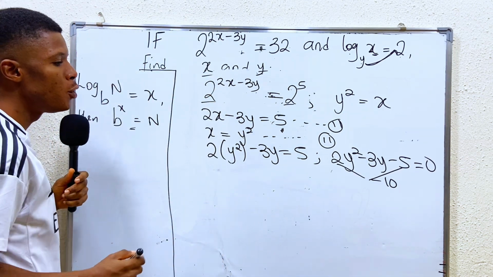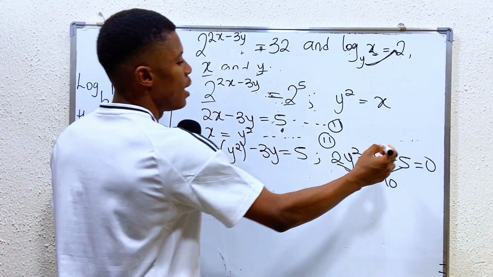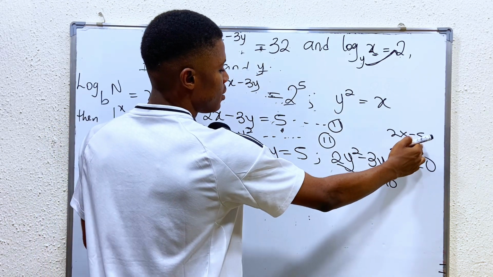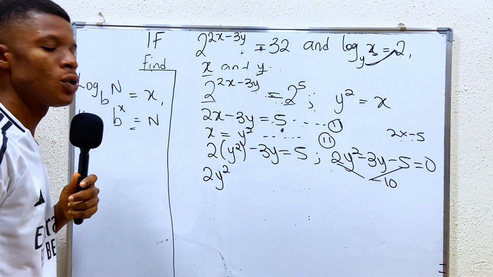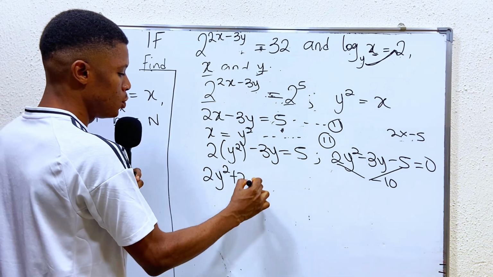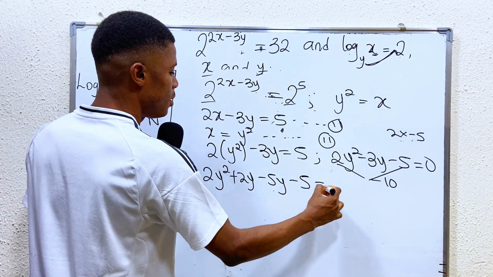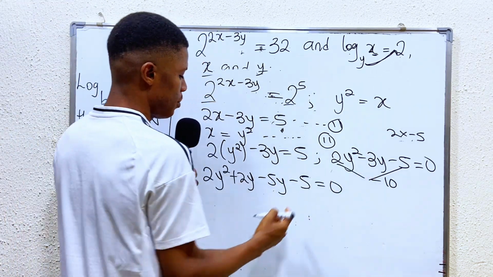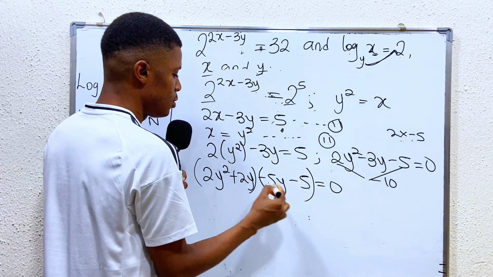Good. So you see that for 2y squared, the two numbers are 2 and minus 5, because 2 times minus 5 is minus 10, and 2 plus minus 5 is minus 3. So we can now say 2y squared plus 2y minus 5y minus 5 equals 0. I actually use this to expand the middle term. So we can now group the first two and group the last two.